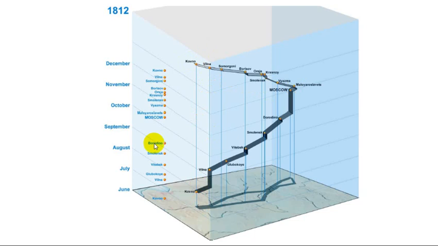So we have time. As we go up, we're increasing time. The thickness of the line still represents the size of the army or the loss in troops. This is pretty genius stuff. So sometimes 3D can be pretty cool, but use it carefully.